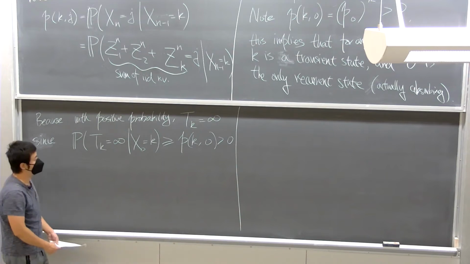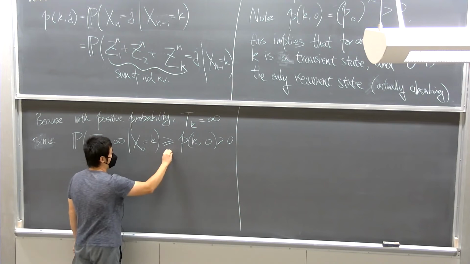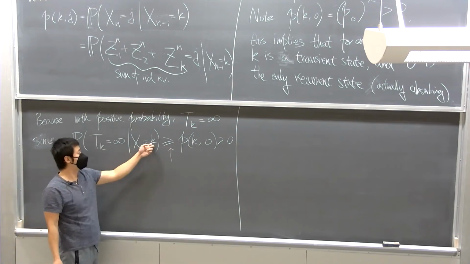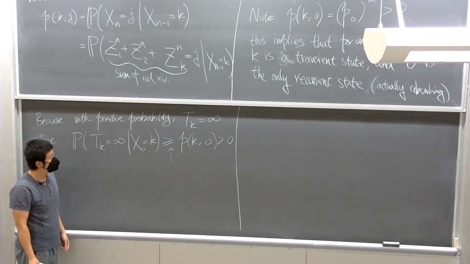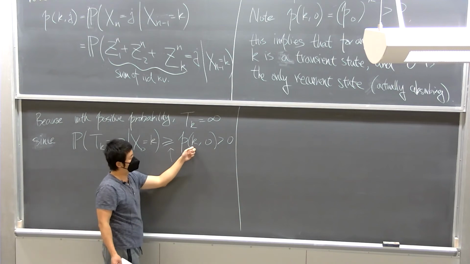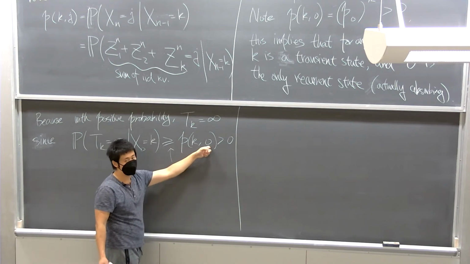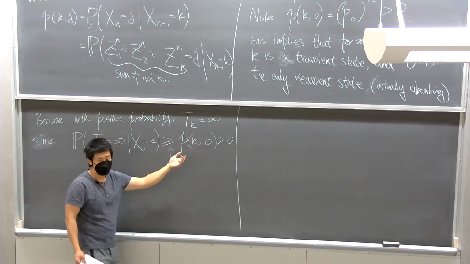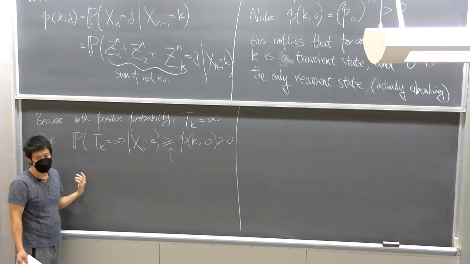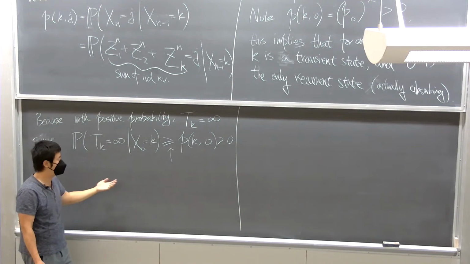Let me explain this inequality. Imagine we started with k individuals, and in the one special case where all k individuals don't reproduce, our Markov chain can go to 0 in the next time step. But once we get to 0, there's no way for us to come back to k, because 0 is absorbing. So we'll just stay at 0.